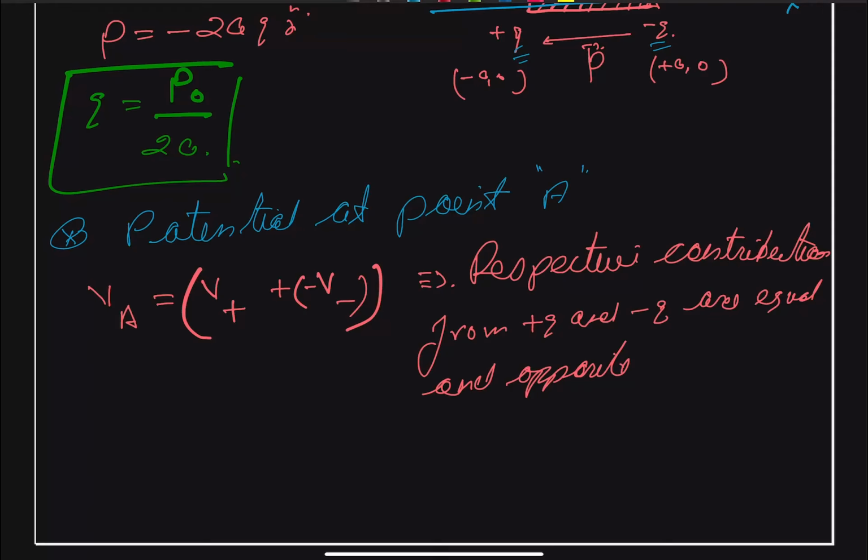Therefore, our potential at A will be equal to 0.